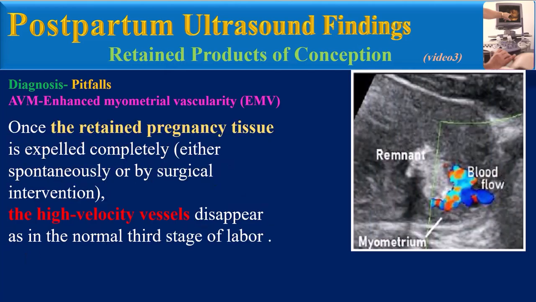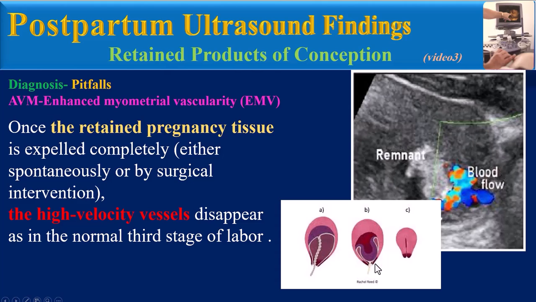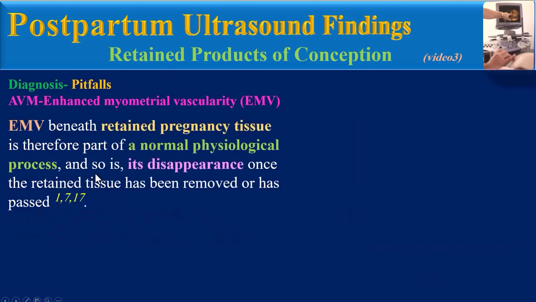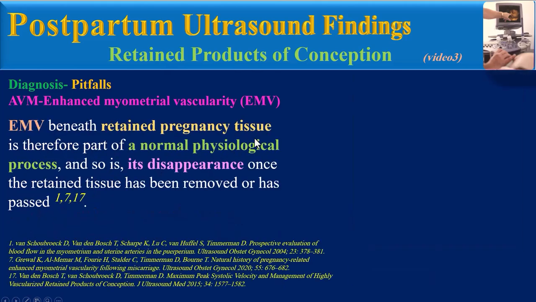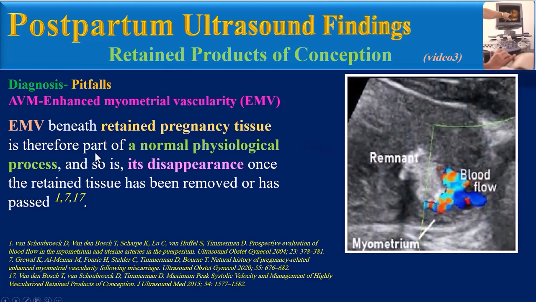Once the retained pregnancy tissue is expelled completely, either spontaneously or by surgical intervention, the high-velocity vessels disappear, as in the normal third stage of labor. EMV beneath retained pregnancy tissue is therefore part of a normal physiological process, and so is its disappearance once the retained tissue has been removed or has passed.